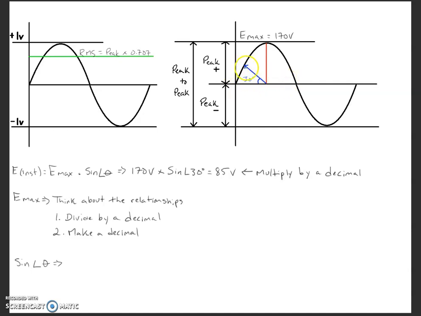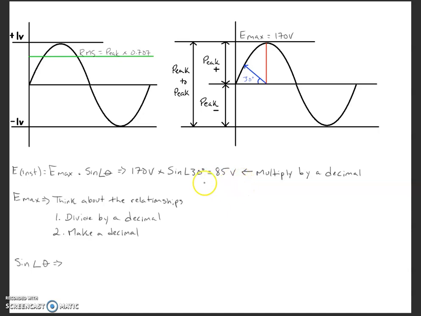Again, it all comes back to the Emax for these equations. We'll say we have 170 volts max, which means we would have 120 volts RMS. So E instantaneous equals Emax times the sine of the angle. In this case, we have an angle of 30 degrees, which gives us 85 volts.